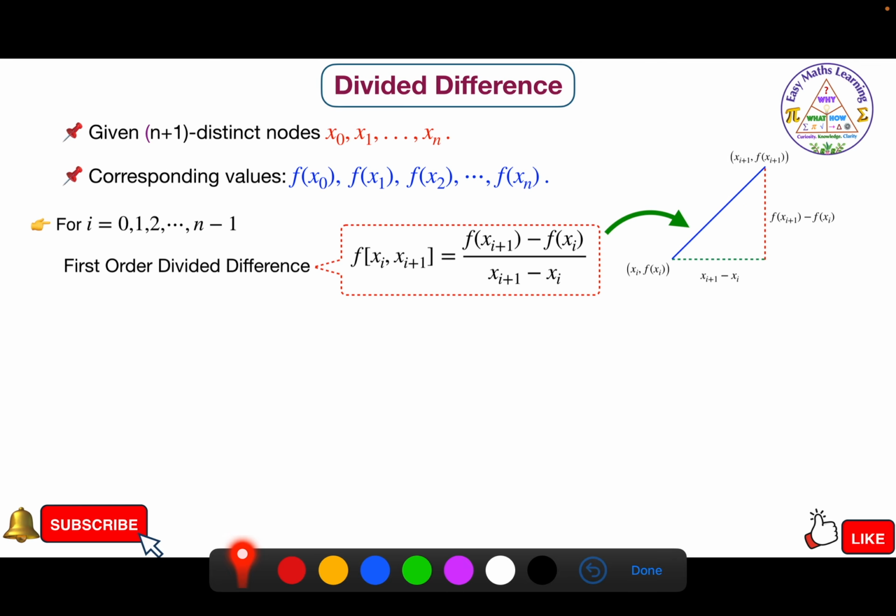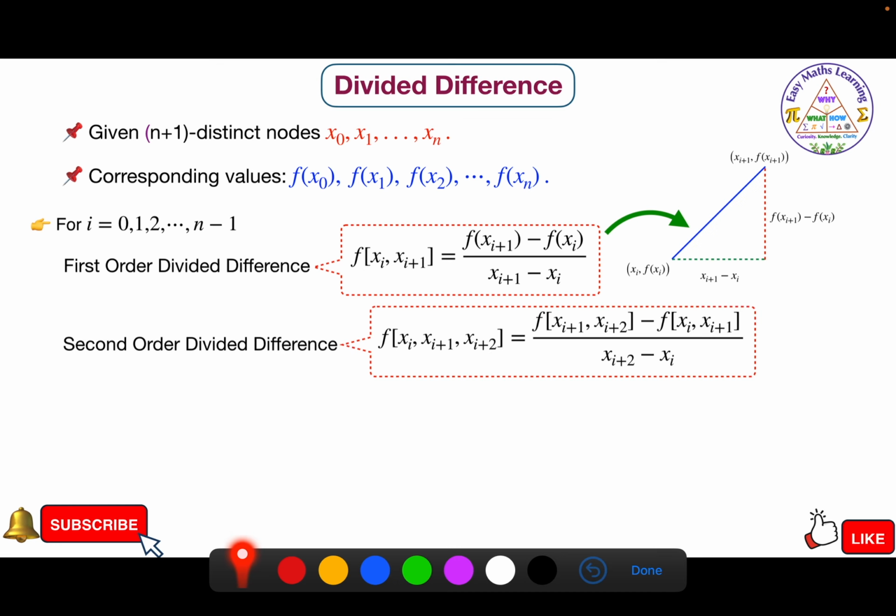So this is the slope of this straight line. Now the second order divided difference is defined as the first order divided difference for nodes xi plus 1, xi plus 2 minus the first order divided difference for the nodes xi and xi plus 1, divided by xi plus 2 minus xi.